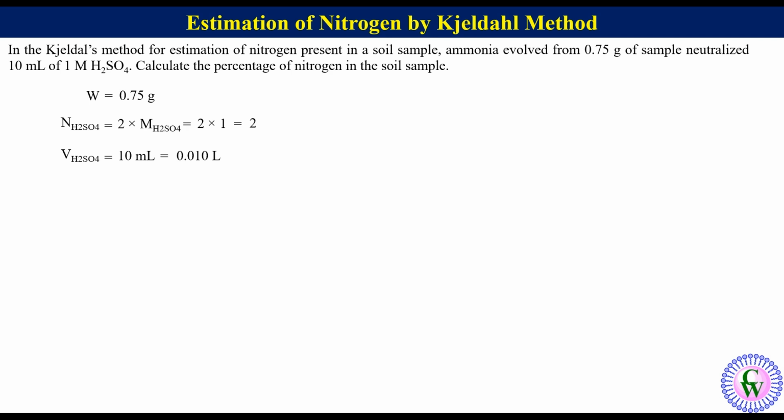We know that when actual volume of acid used in the neutralization of ammonia is given, the percentage of nitrogen is equal to 14 into normality of acid into actual volume of acid upon W into 100, is equal to 14 into 2 into 0.010 upon 0.75 into 100, is equal to 37.33%.